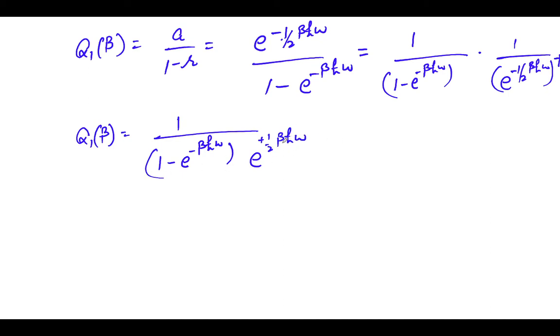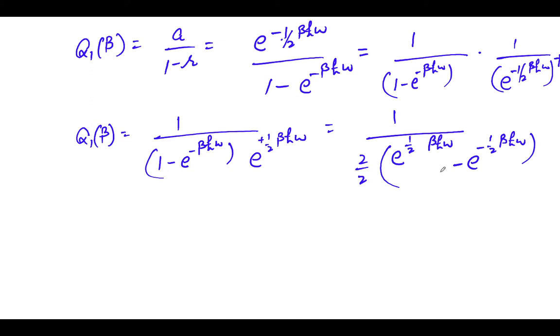If I multiply and divide this term, I can rewrite it as 2 by 2 exponential of 1 by 2 beta h bar omega minus exponential of minus 1 by 2 beta h bar omega. So this is a sine hyperbolic function.